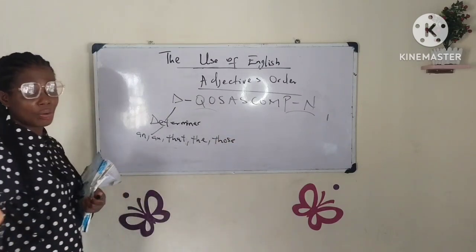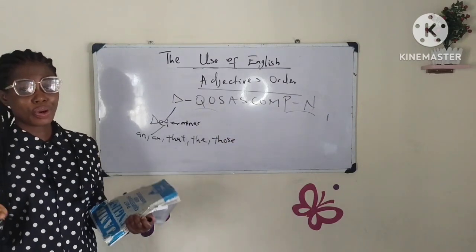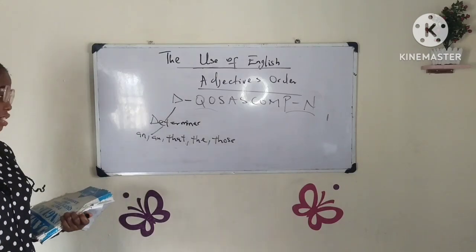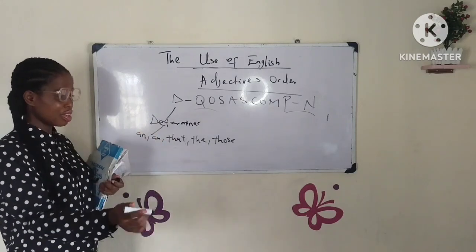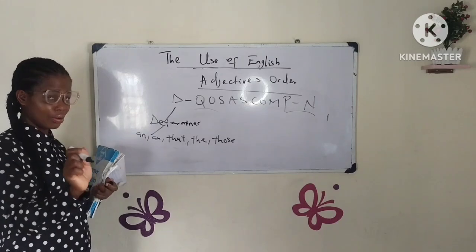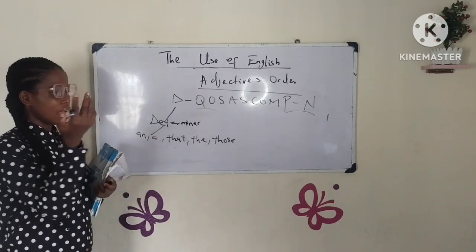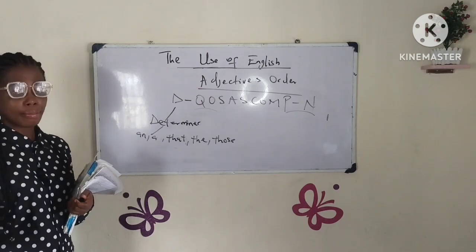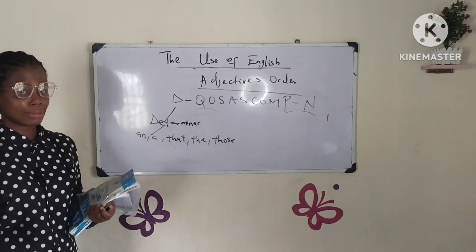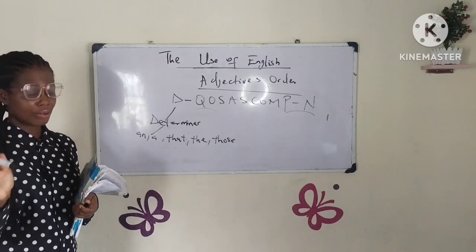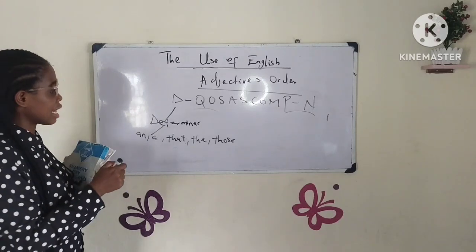Now determiners are words that specify a noun, words that point to a particular noun. In an orange, you specify the noun orange. A man, the man, that man, those men. So a determiner specifies a noun, it points to a noun.